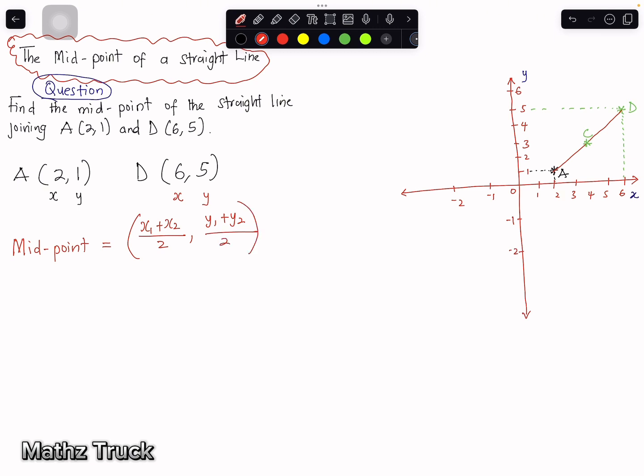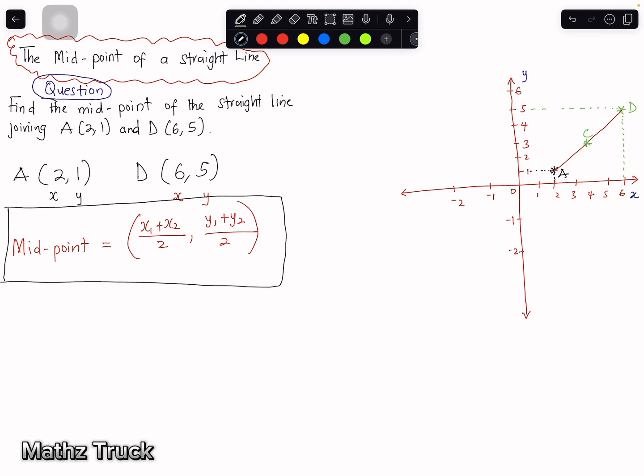This is our general formula that we'll be using to solve this question. Midpoint is always equal to (x1 plus x2) over 2, (y1 plus y2) over 2.